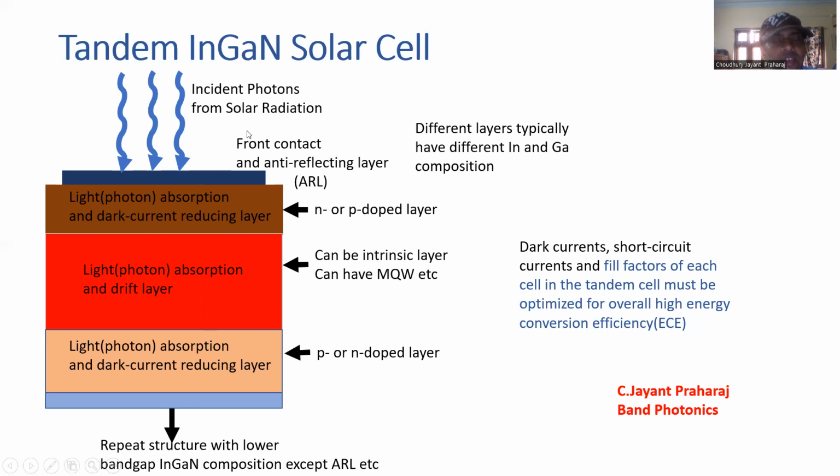What this means is that each component focuses on a specific portion of the solar spectrum and tries to convert all of that spectrum into useful photocurrents and photovoltages. Now, the dark currents, the short circuit currents, and the fill factors of each of the cells in the tandem cell must be optimized to obtain high power conversion efficiency or high energy conversion efficiency, as we mentioned. So this is an alternative to the single graded band gap design that we mentioned.